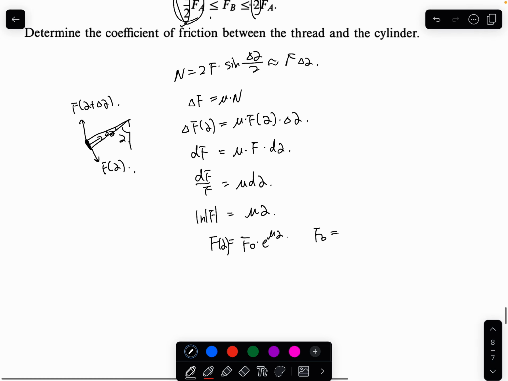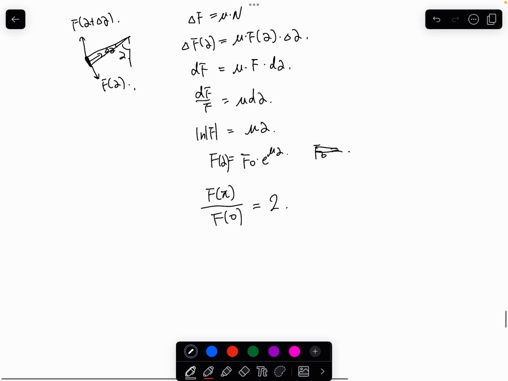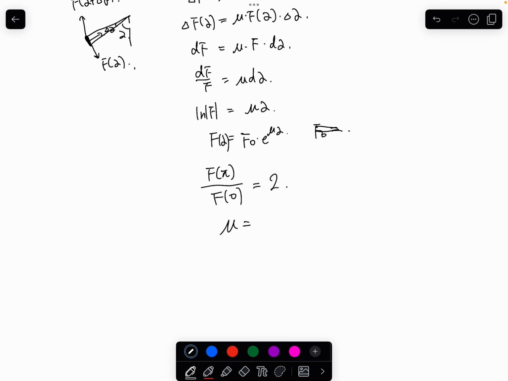So actually we're just going to figure out F of pi over F0, which equals 2, right? So we can calculate mu. It equals ln 2 over pi, so 0.22.